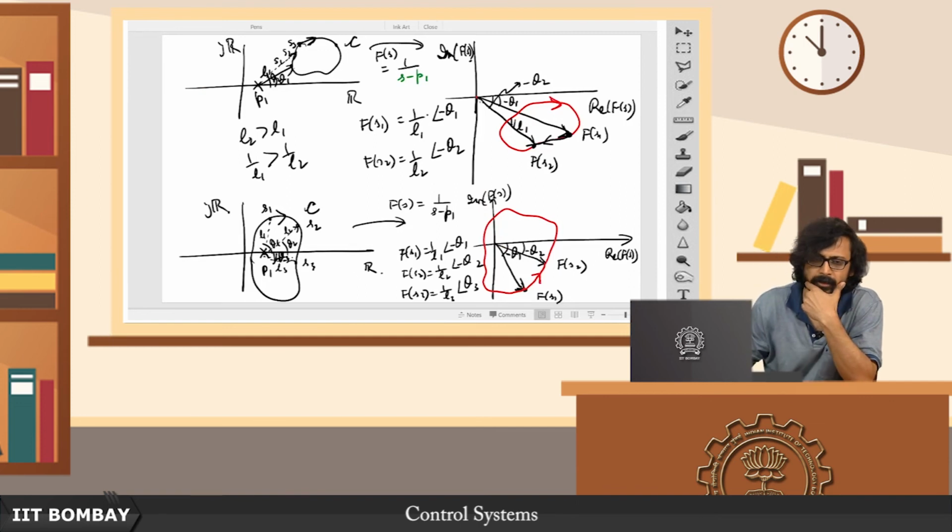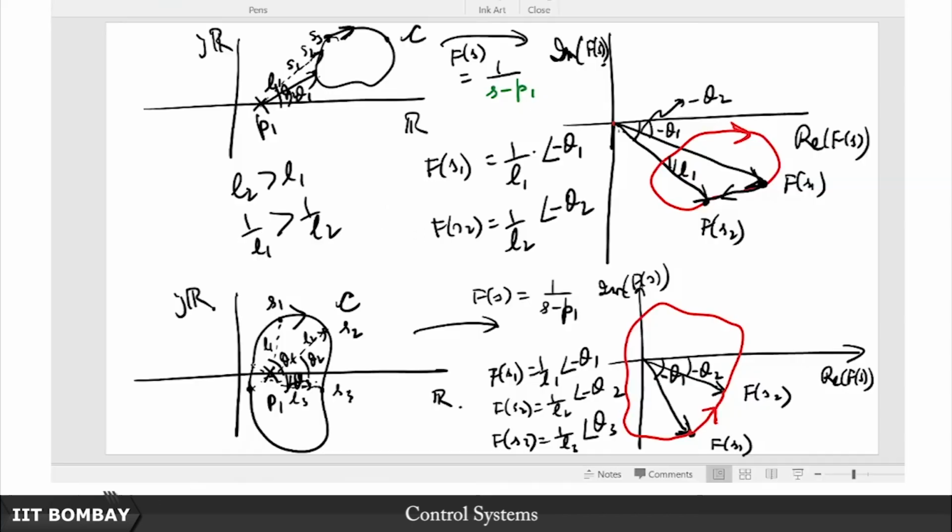If you want to convince yourself, you choose a point somewhere around here, or a point somewhere around here. Why do you think this point is going to have its map here? This point is going to have its map somewhere here, because this is going to be its angle, and if you draw its negative angle here, this is going to be its angle here. So, this is a point which is, let us say, some f of s5 maybe.